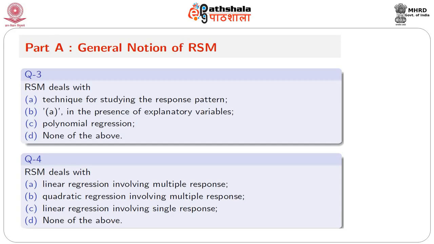Y is not a vector. Y is a single response coming out of a combination of the regressors. So multiple response is not the issue here. The issue is just a single response. The only thing is how the regressors are acting on the response. So in this case, the closest answer is none of the above.